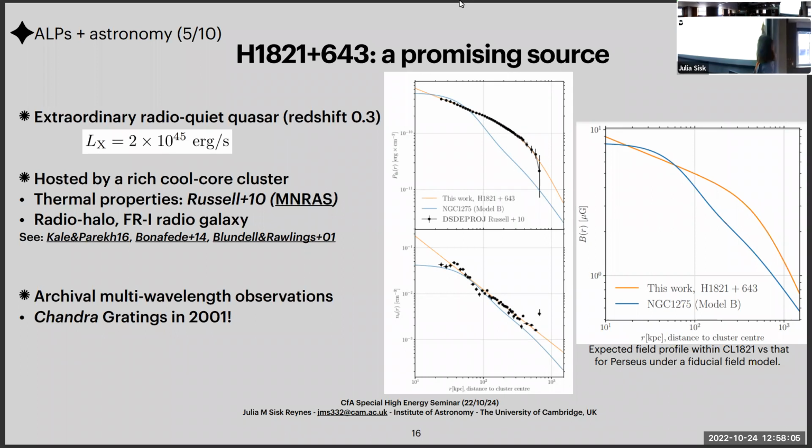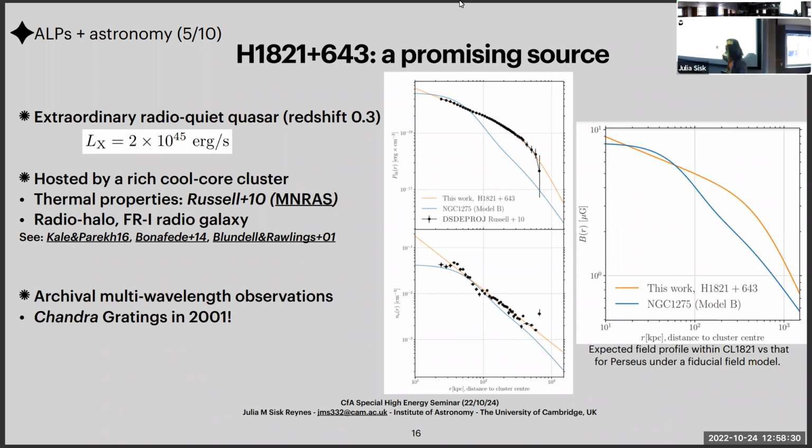then we were able to infer the magnetic field strength for the host cluster. So this is our comparison with the Perseus model that Reynolds 2020 had used. And you can see that in this cluster, we would expect the field strength to be quite large towards the outer regions of the cluster. And this is given by this orange line, comparatively to Perseus.